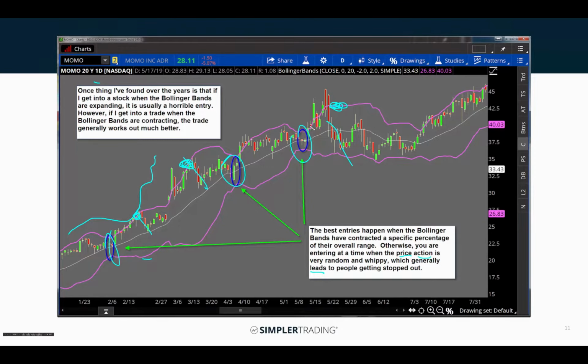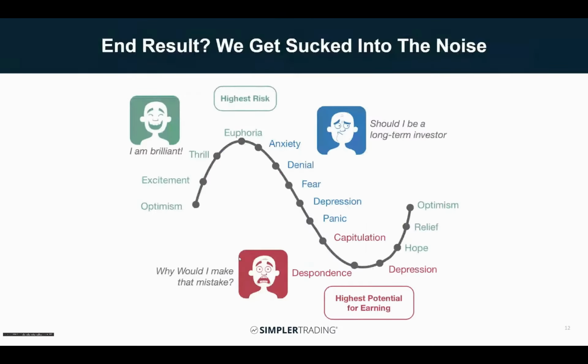Again, that's always obvious in hindsight, right? It's like, okay, well, how do you tell that in real time? So the end result is if we're not aware of that, you will automatically, no questions asked, fall into this routine. And this is how the market is designed to suck people in and take your money.